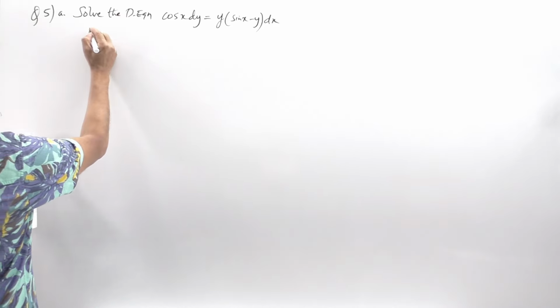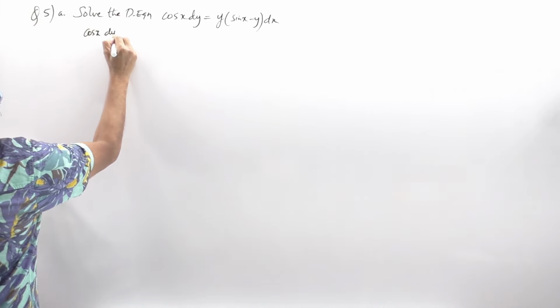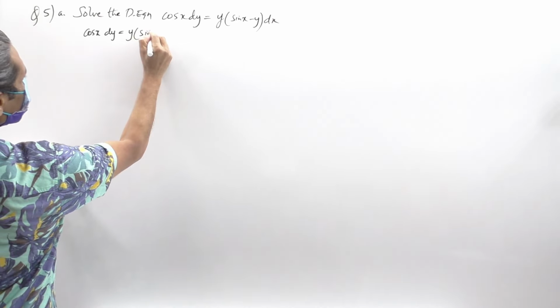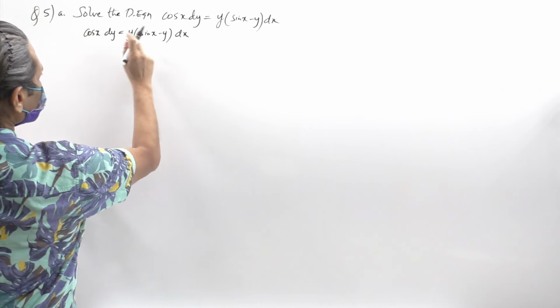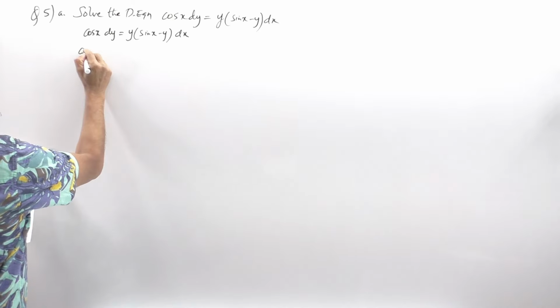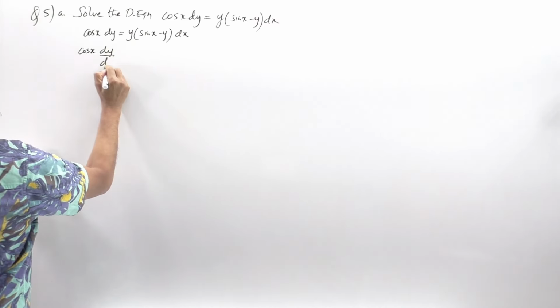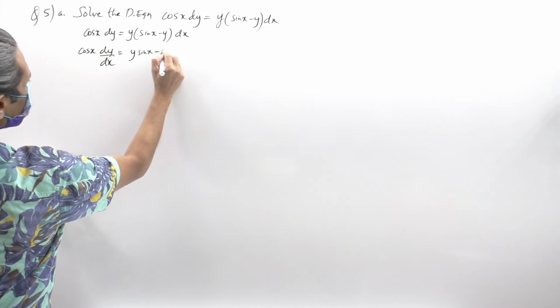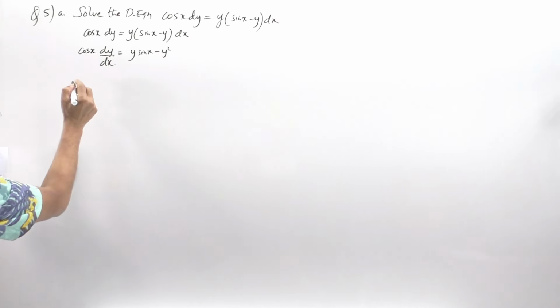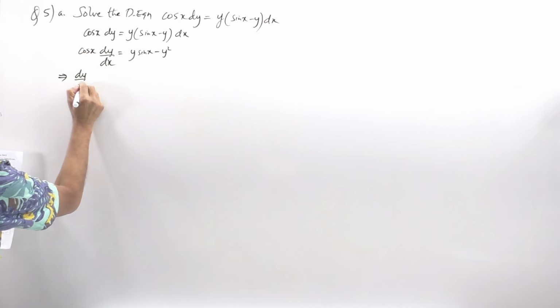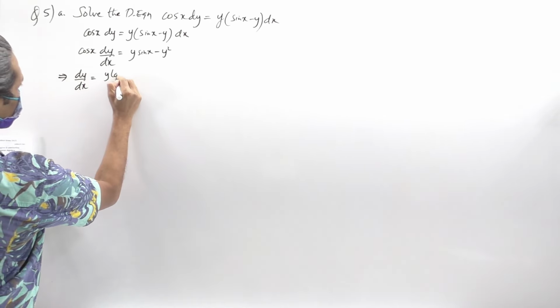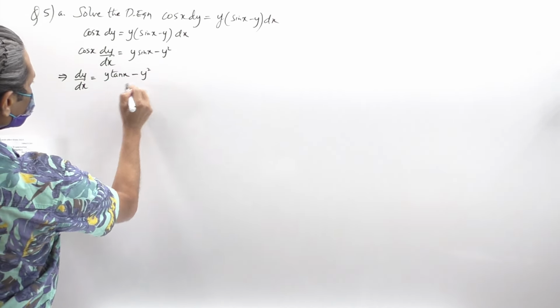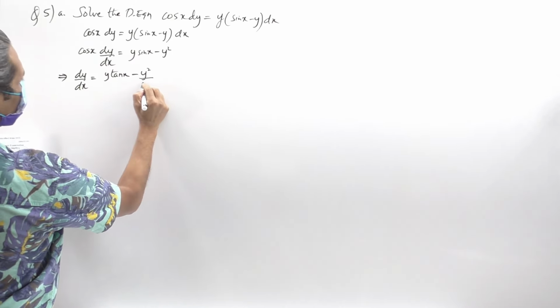So let's arrange it in dy/dx form and check. It says cos x dy equals y into (sin x minus y) dx. Fine. It means cos x dy by dx is equal to, I'll take this dx down and open the bracket, y sin x minus y squared. Now that implies dy by dx will be, dividing the whole equation by cos x, y tan x minus y squared by cos x.